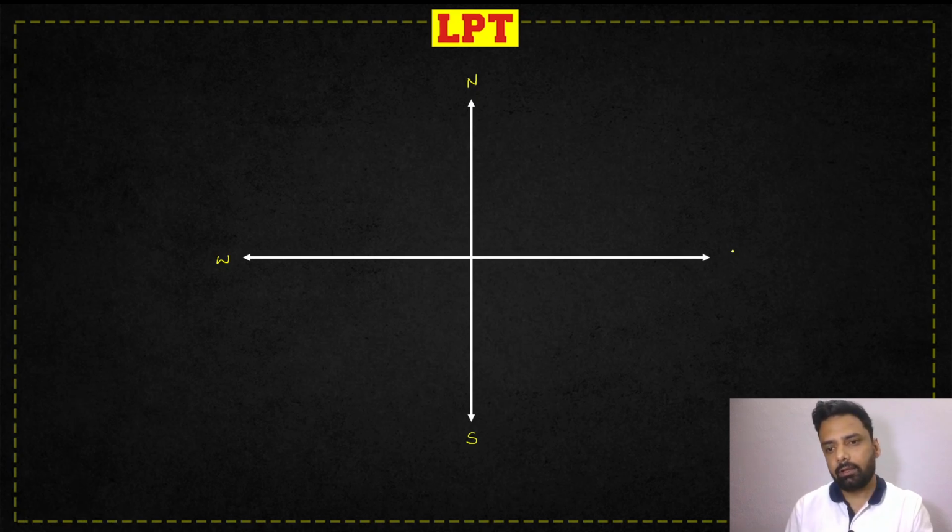Basically these are the four fundamental directions. At times in the question it is given that turn towards north, turn towards south, turn towards west, turn towards east. Then it is easy, but in general the questions use left and right, and that may confuse us sometimes.